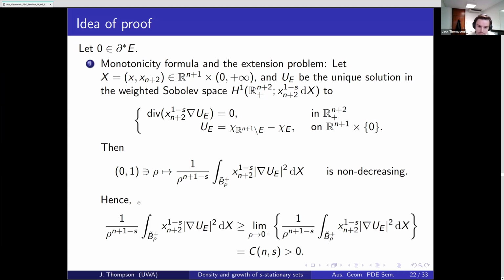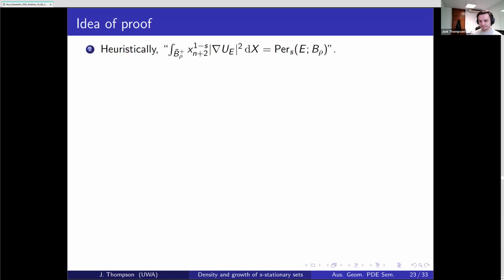So immediately this gives us that this object is bounded from below by the limit as rho goes to 0, and you can show that this goes to some universal constant. So this is the first step. Now, heuristically, what this object represents is the S-perimeter of E in B rho.